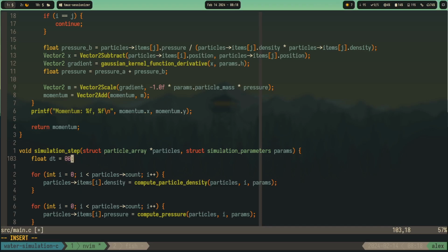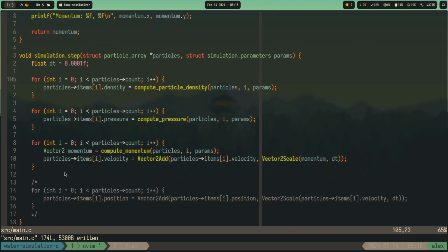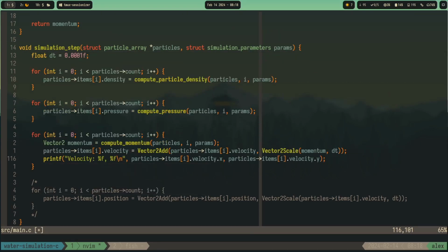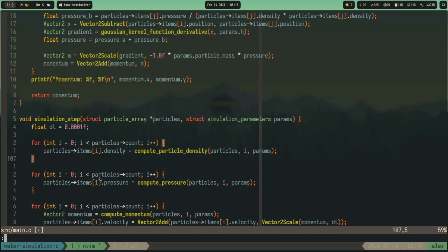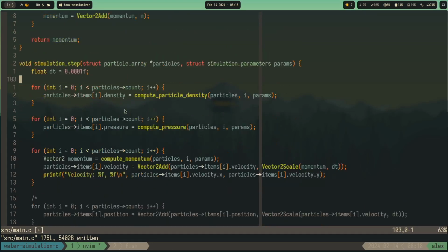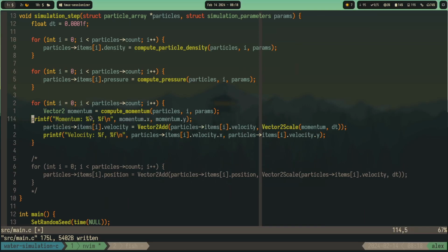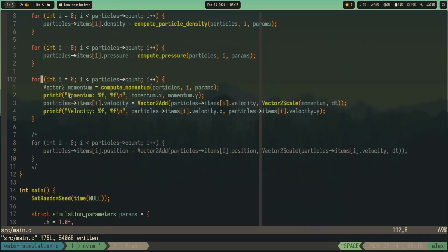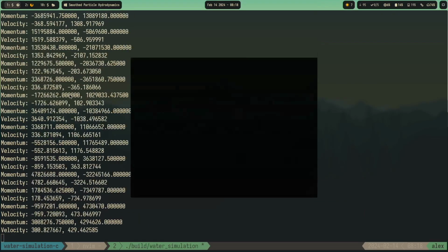Let's say the simulation step should be like this, really small. And let's see the velocity. We have the momentum. Let's see the velocity that we get from that momentum, right?